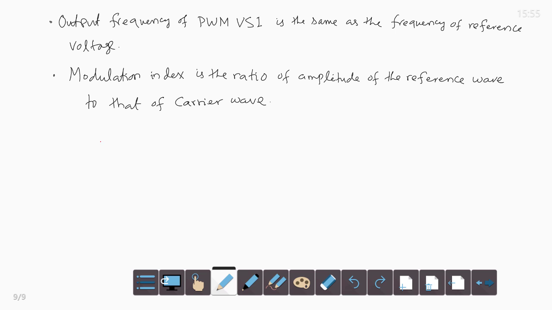So modulation index M is the amplitude of the reference wave divided by the amplitude of the carrier wave.